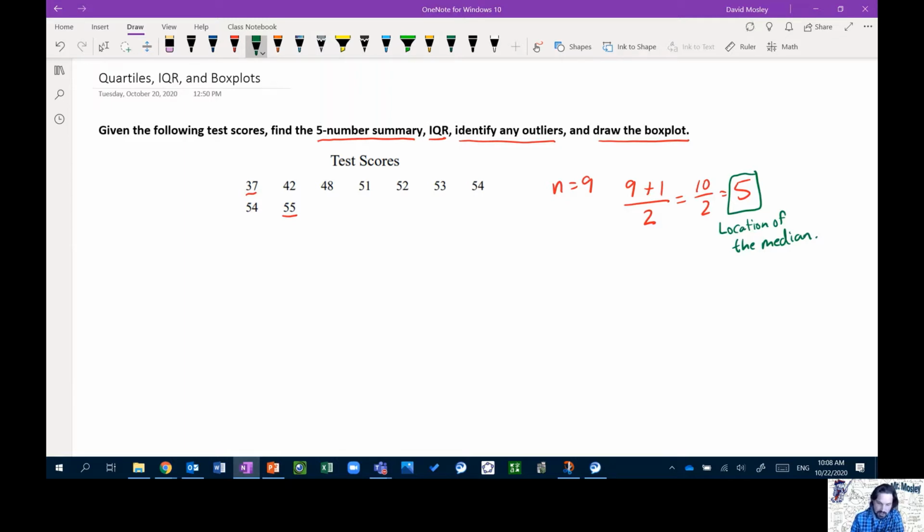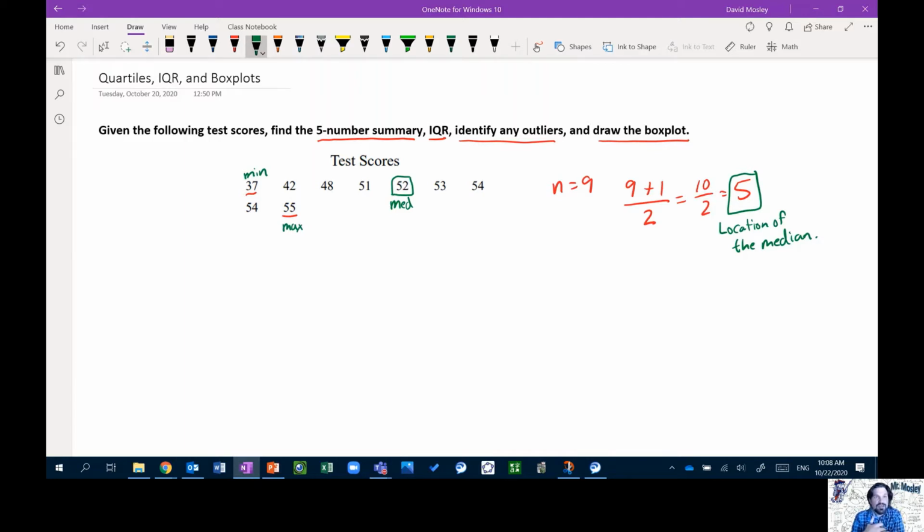It is the 5th number. So we go 1, 2, 3, 4, 5. And that's the median. Then we already have our minimum and maximum, right?